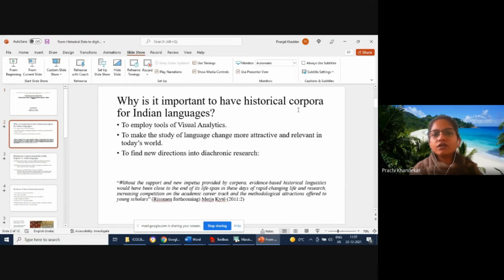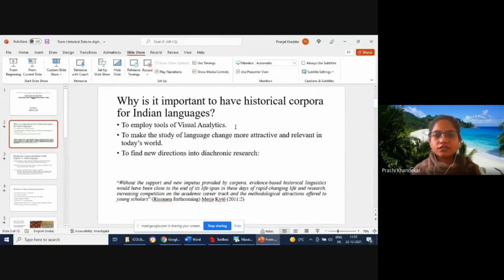So first of all, why is it important to have historical corpora for Indian languages? If you look at the research going on in historical linguistics in the Western countries, especially for English, they are using a lot of visual analytics tools, such as motion charts, bean plots, and n-grams, to visualize the actual process of language change.